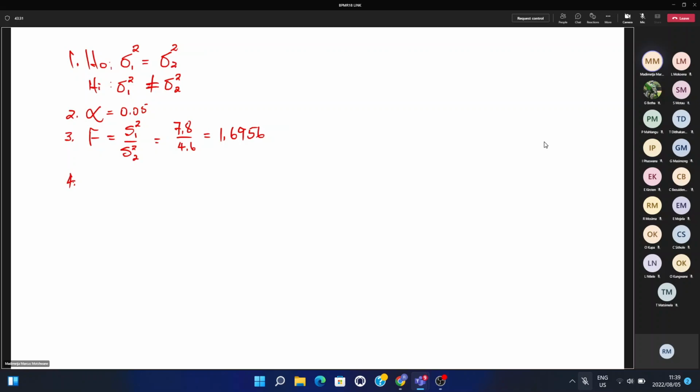Step number 4. Now for the F critical, it is F N1 minus 1 semicolon N2 minus 1 semicolon. And because it's an F distribution, we said it the other day, it's only using alpha on 2, not 1 minus alpha like we had before with the others.